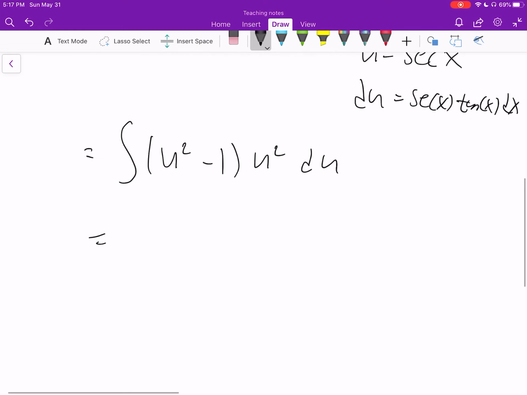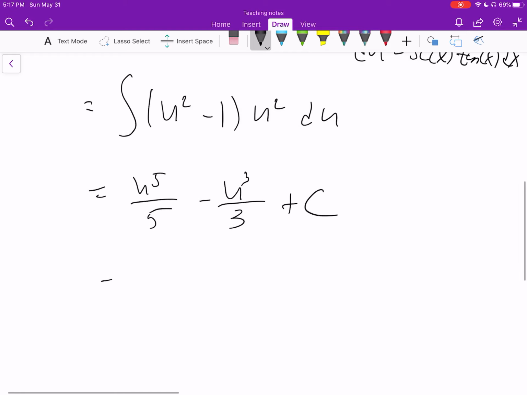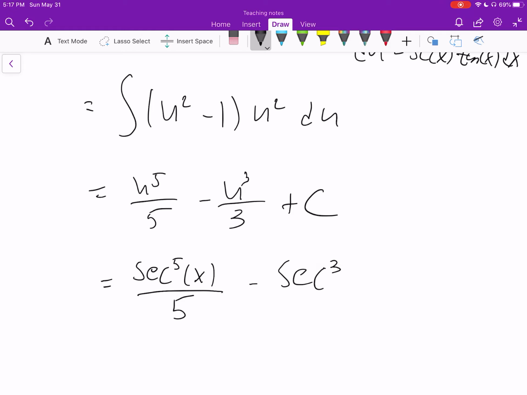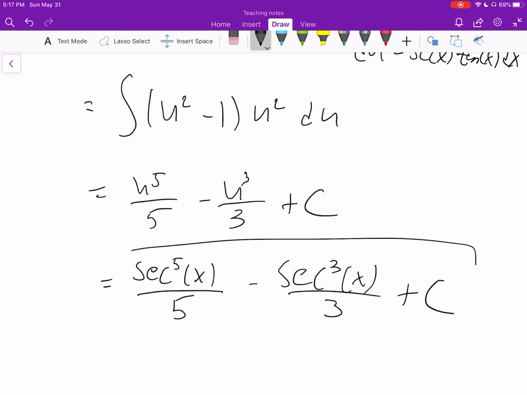And now this integral is a lot easier. I'm just going to go ahead and write the answer in terms of u. But we're not interested in this in terms of u, so replace u back with secant: secant to the fifth x over 5 minus secant cubed x over 3 plus my constant.